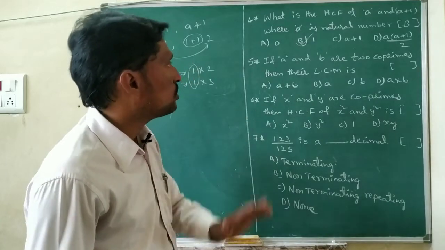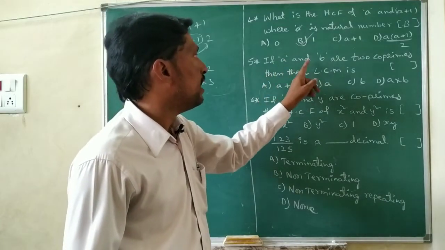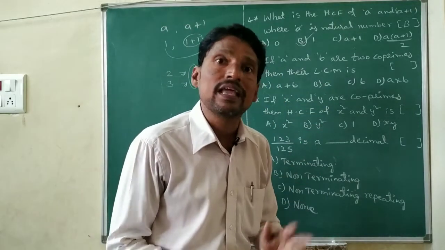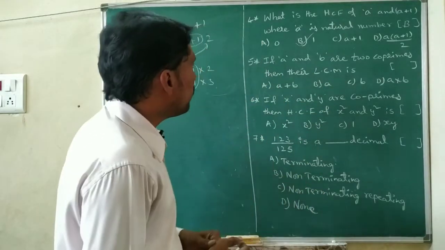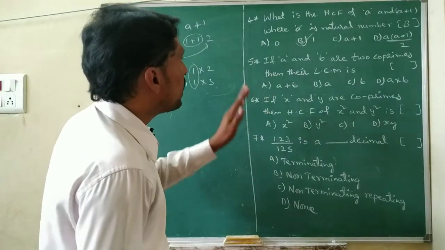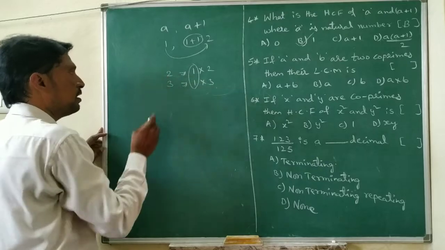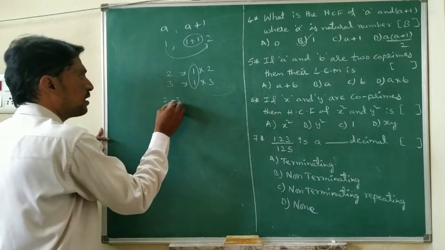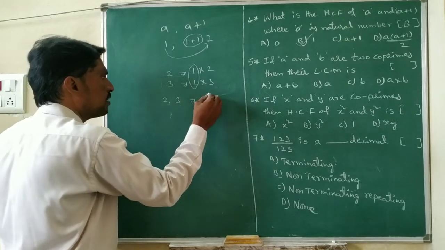So here what is our question? If A and B are two co-primes, then we need to find their LCM. So here A comma B are two co-primes. For example, you can take 2 and 3. LCM of 2 and 3, we are getting the product only: 2 threes are 6.